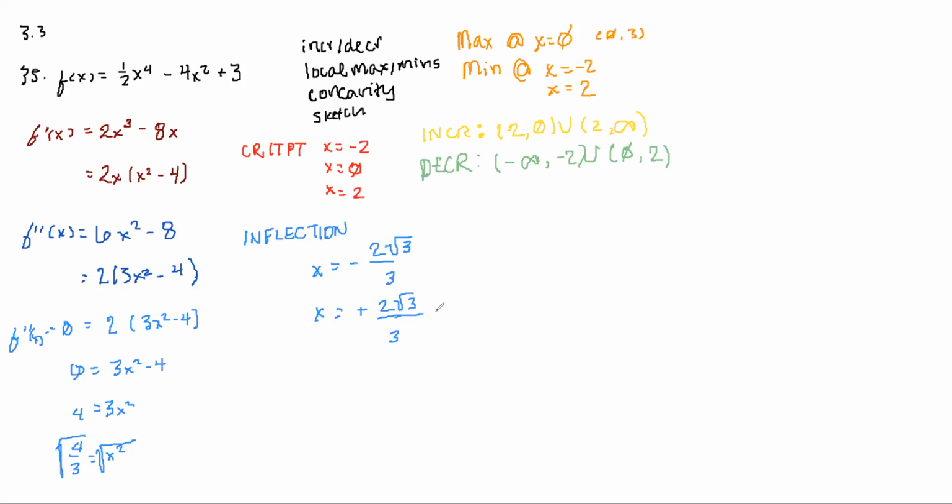It's just not a thing math people enjoy, so they move them up to the numerator for whatever reason. But here we have it. We have two inflection points, a negative and a positive.